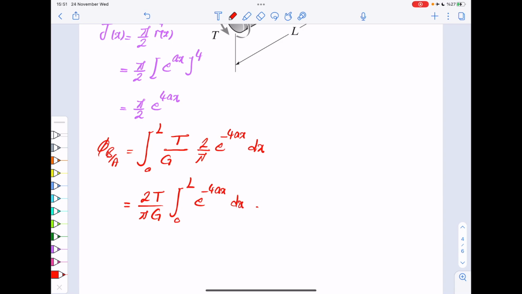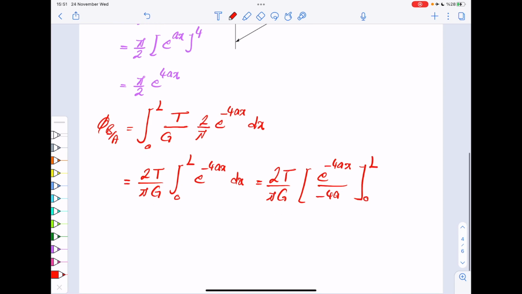And if you remember how to integrate that exponential function, it's not that difficult. It's basically e to the power -4ax divided by -4a. So this would be from 0 to L. And if you just insert 0 and L here, okay, obviously when you put L, you just get L here.